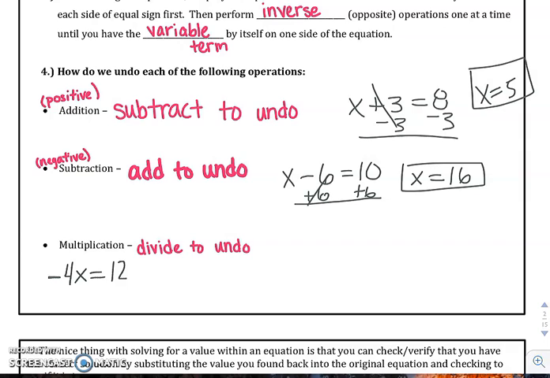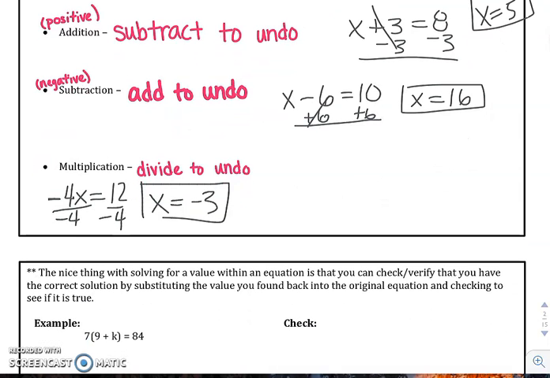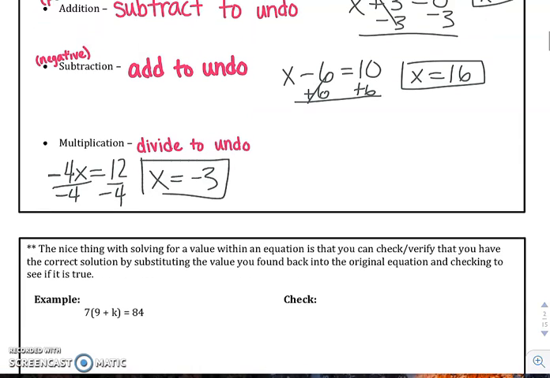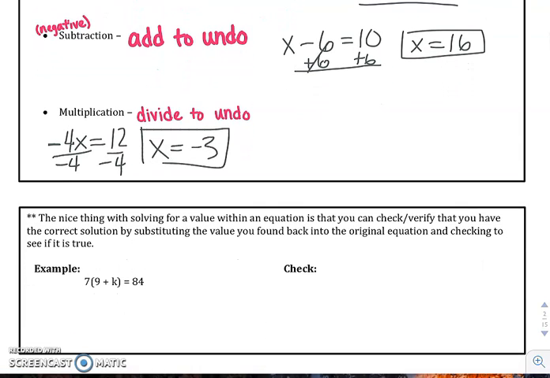You need to remember that if you don't see any operation between the 4 and the x, they're really just multiplying. If they're right next to each other, it's negative 4 times x. You would divide by negative 4, and x would be negative 3. Just keep that in mind as we're solving equations today.